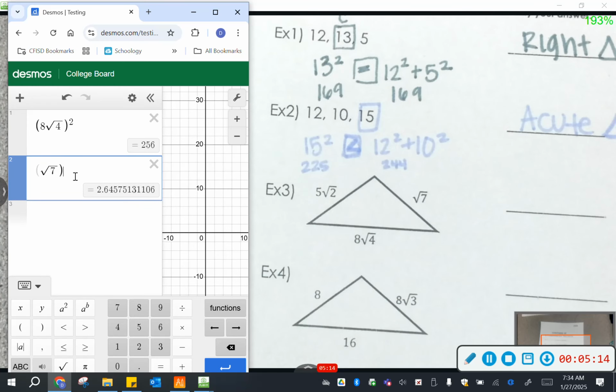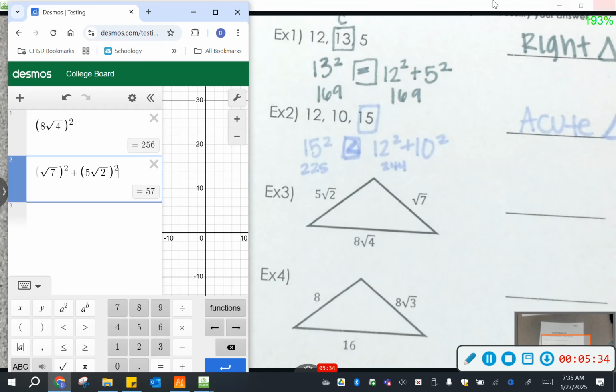So I'm going to do parentheses square root of 7 squared plus parentheses, what's the other one? 5 square root of 2. Oh, see how my parentheses is inside? I don't want that. I want it to be outside. Squared. So how does 256 compare to 57?